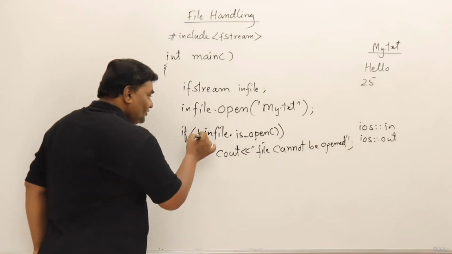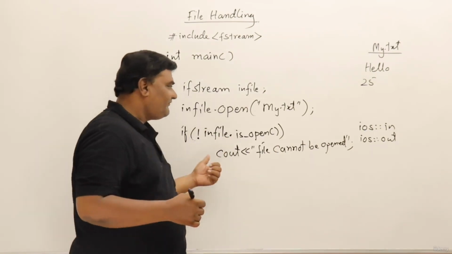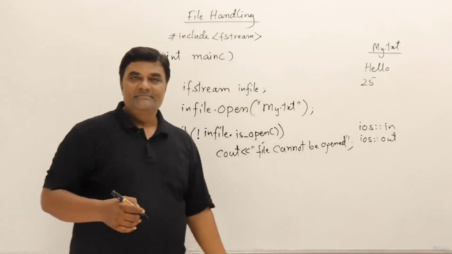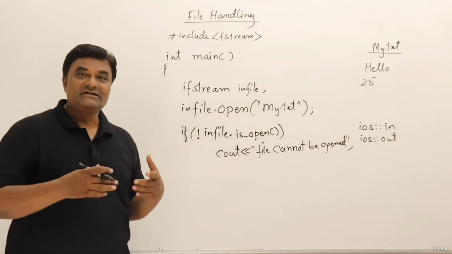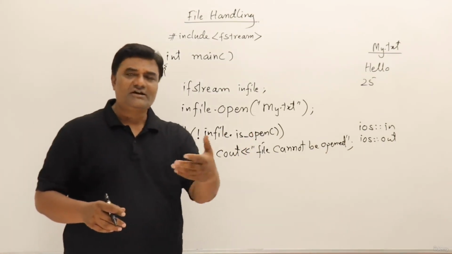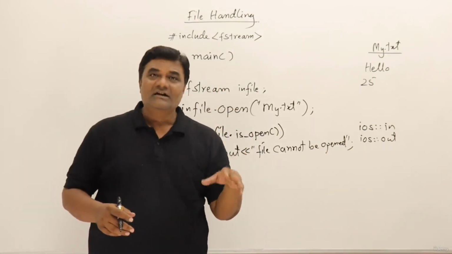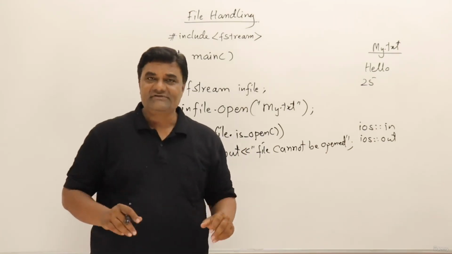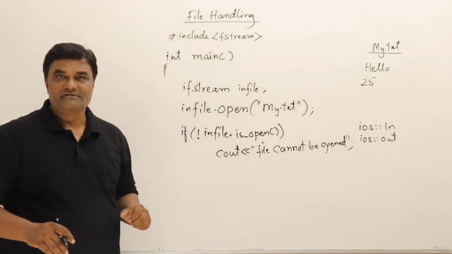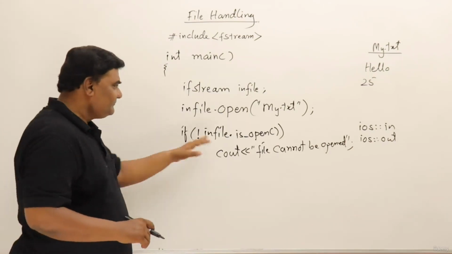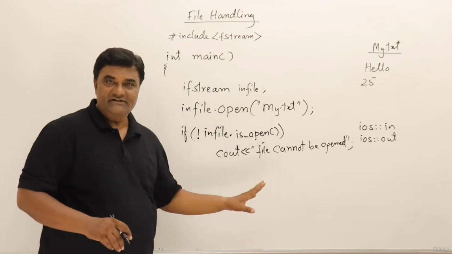So if I say not is_open, then I will say file cannot be open, meaning the file is not existing. So this is how you can check whether the file is open or not. Usually when you try to open some file, we get a prompt that the file is not existing. Some messages we get. So like this only we have to check whether the file is open or not. I'll just remove this. Already I have shown you.